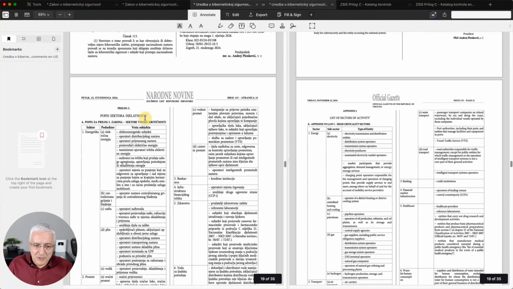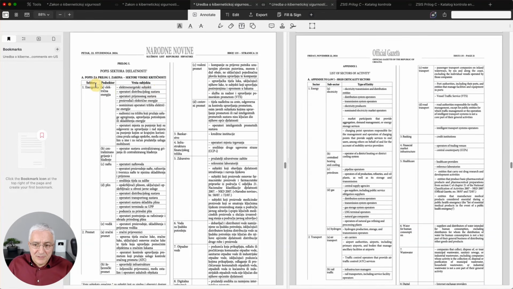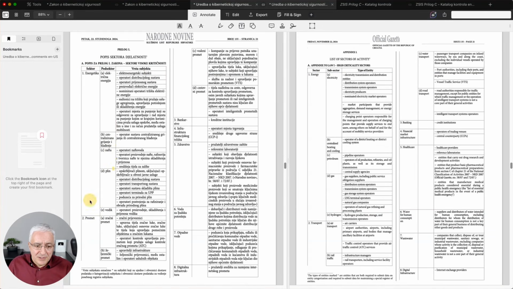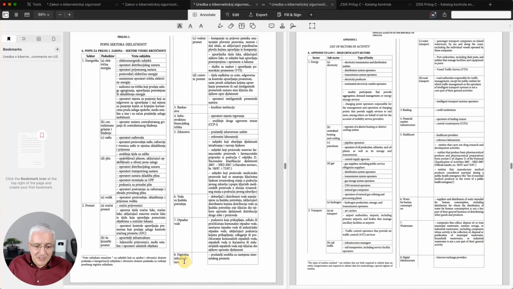Let me actually show you how this looks like. Before I go to these controls, let me first show you these 18 sectors. So here you have this energy sector, then you have transportation, then you have banking, financial market infrastructure, healthcare, water, wastewater, digital infrastructure, and basically this is the first out of these three sectors for digital companies.